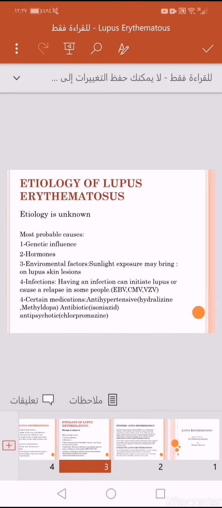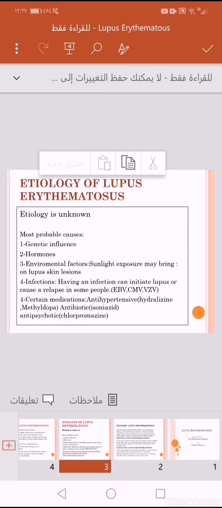Etiology of lupus erythematosus. The etiology, as with any autoimmune disease, is unknown because the body attacks itself. But there are many probable etiologic factors and risk factors that can cause this disease.